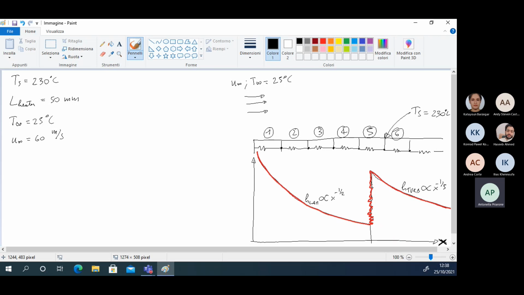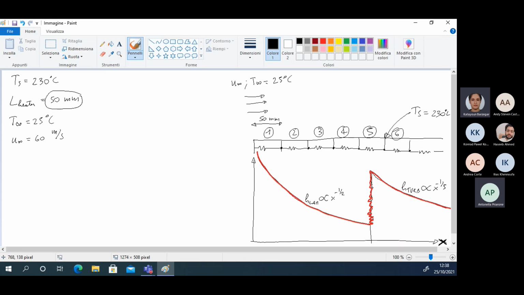So I imagine applying a different flux by means of the electrical heaters to the different portions of the plate. So I select heaters that have this length, each heater 50 millimeters.